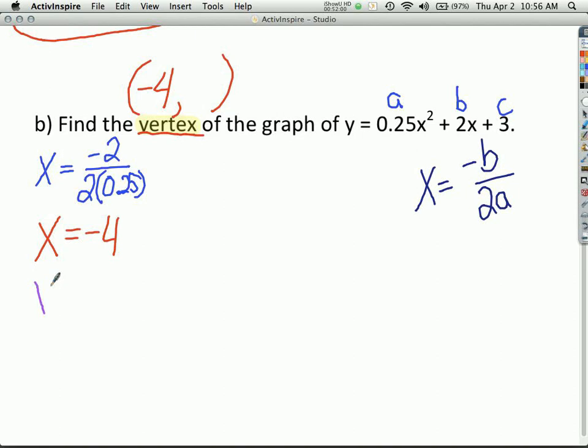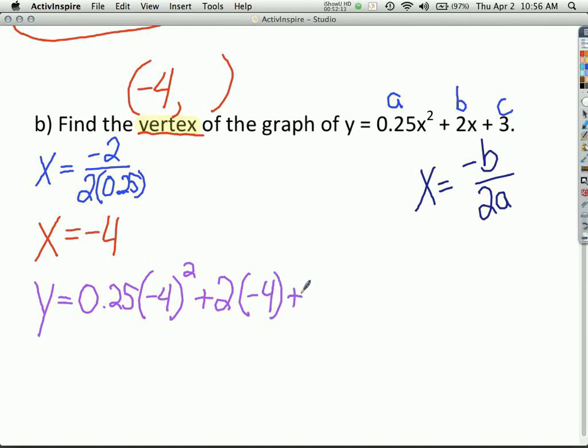So we will do y equals 0.25 times -4 squared plus 2 times -4 plus 3. Simplify that, and you've got your y coordinate.